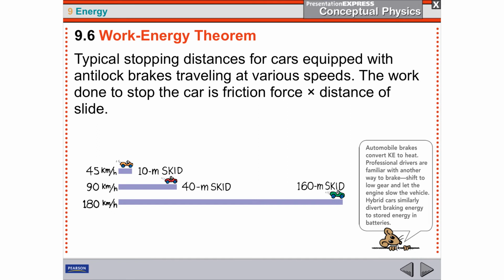If you're going 90 kilometers per hour, which is twice the speed, it takes 4 times longer to stop. If you double it again, it's going up to 160 meters. So you're seeing a J curve. The bigger the speed, the much more distance you would have to cover in order to slow down.